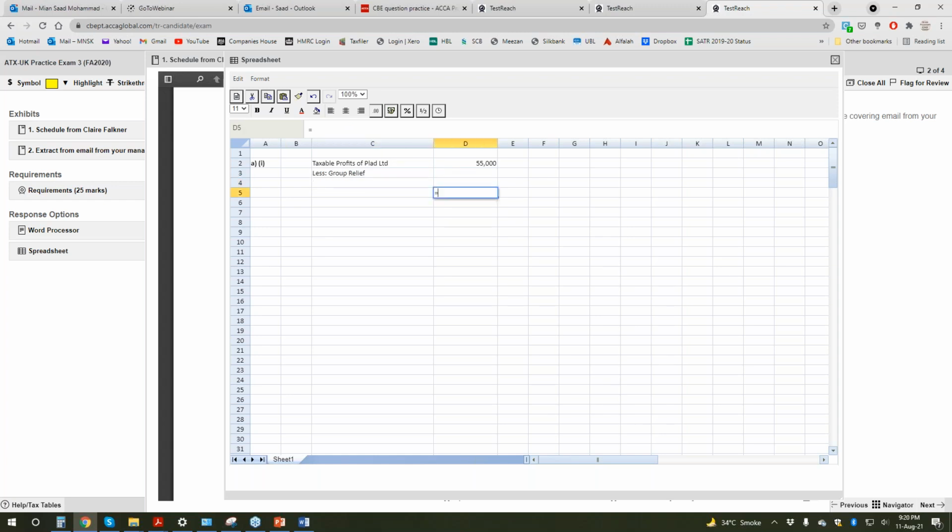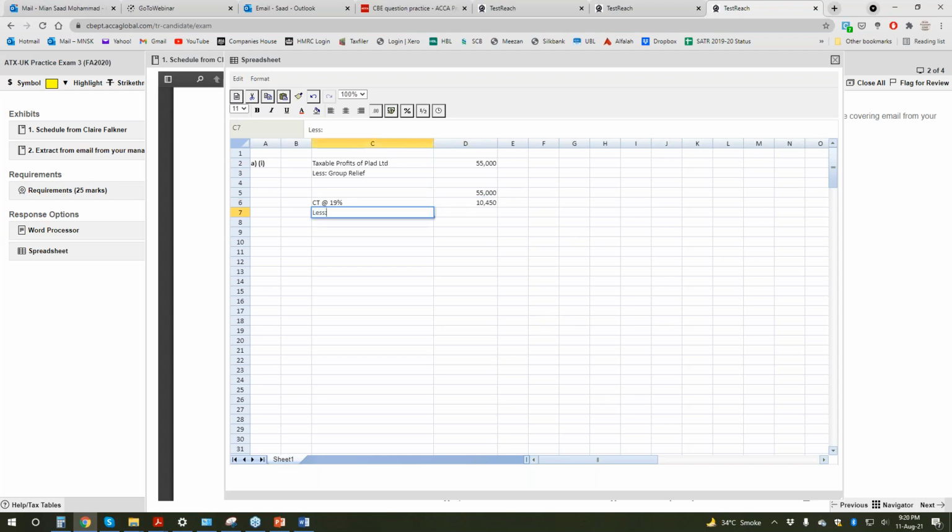Whatever my answer is, that plus this will be my profits on which I have to charge tax, and then CT will be at the rate of 19%. So I can apply a formula here. Later on, the figures will change themselves when I put the loss above.